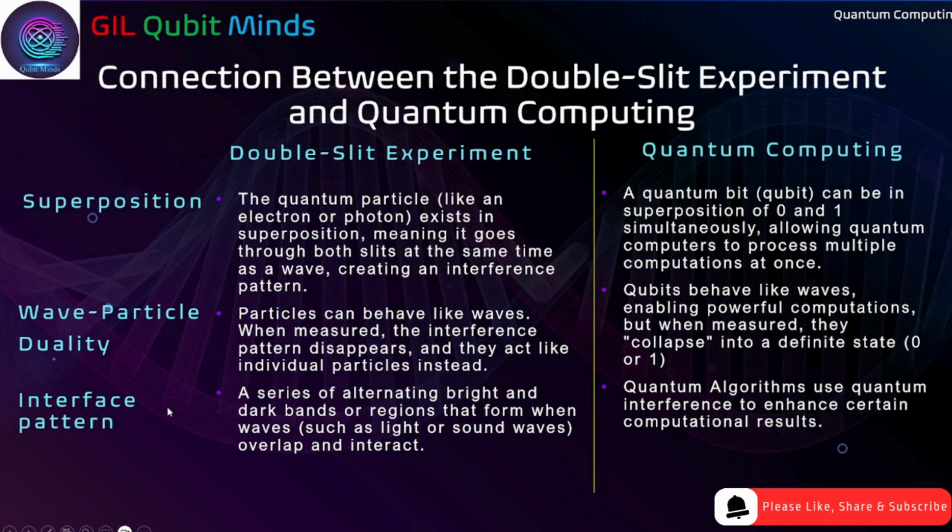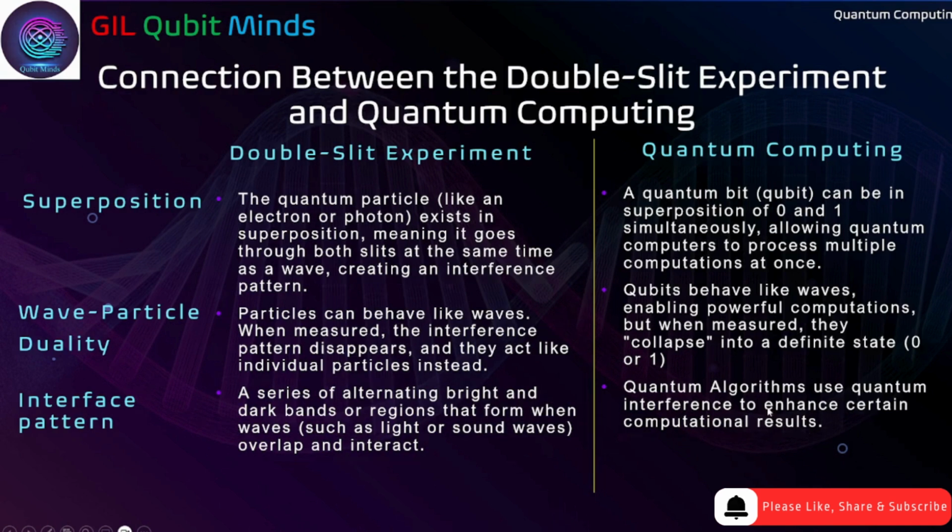The interference pattern is a series of alternating bright and dark bands or regions, which forms when wave patterns such as light or sound overlap and interact with each other. With the help of quantum algorithms, we use quantum interference to enhance certain computational results.